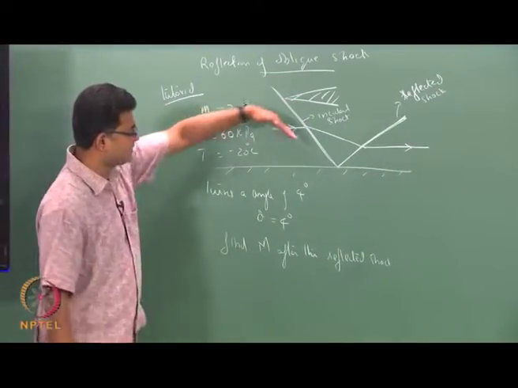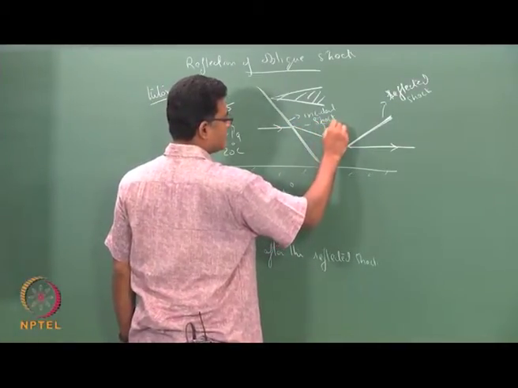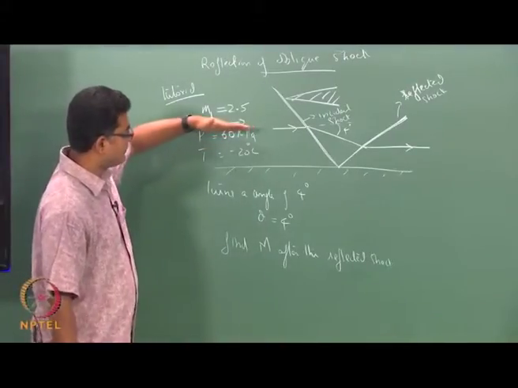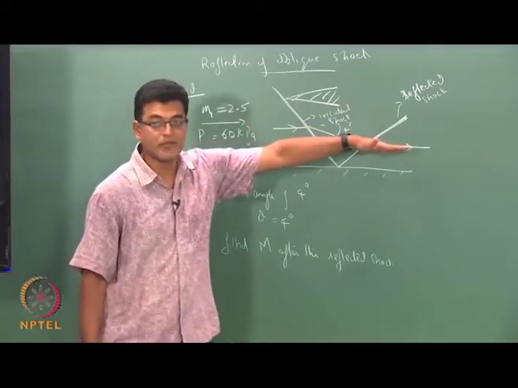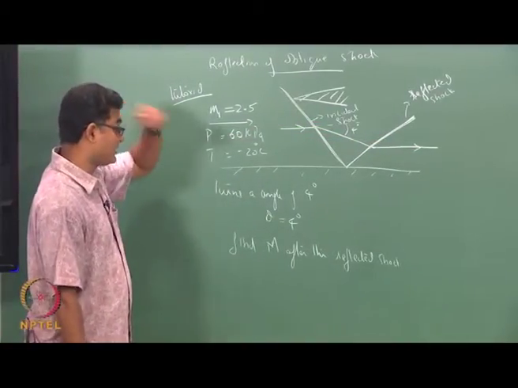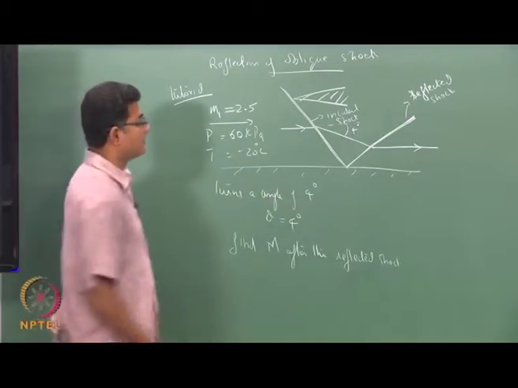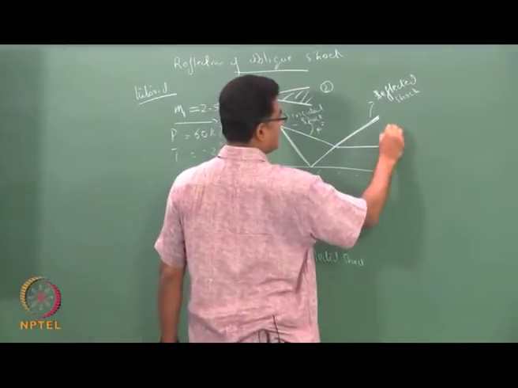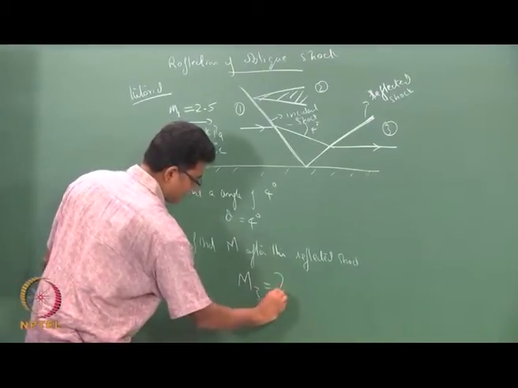So the fluid comes and because of the shock it turns by 4 degrees, and then gets back to the flow direction that is parallel to the surface. So what is the Mach number after this? If I call this region 1, region 2 and region 3, the question is to find M3.